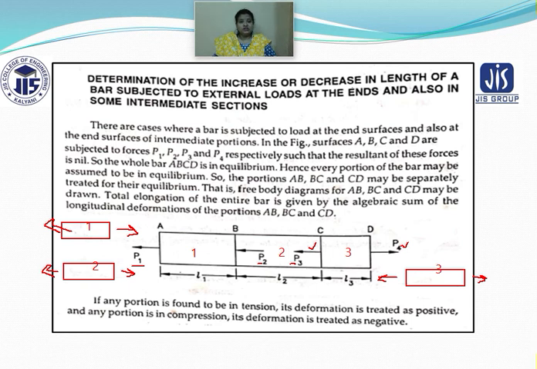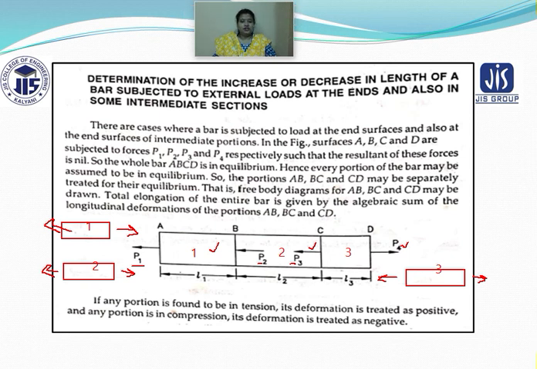But if the result you have got is negative, for example, for one case you have got tensile load on both sides, but for section B you see a compressive load acting on surface B. In the same way, on this B surface, if you consider bar AB, here you have received a tensile load. Now if the compressive load is greater than the tensile load, then if you sum up both loads, you will get a negative load.